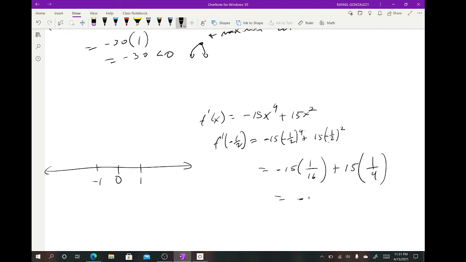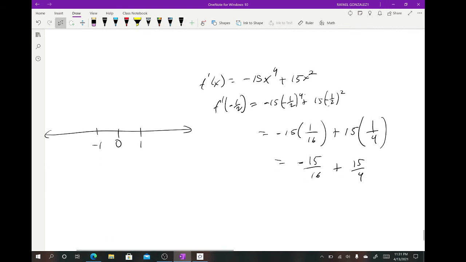So this is going to be -15/16 plus 15/4. If you combine these, you just have to multiply this one by 4/4. It's going to be -15 plus 60 divided by 16. And this is going to be a positive number. It's going to be 45/16. So it's a positive number.